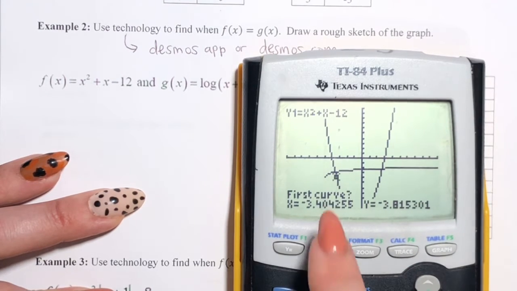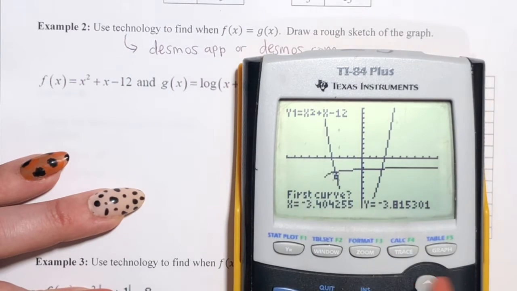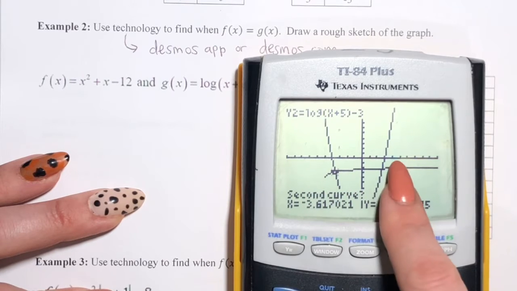But right now it says I'm on the first curve, which was that parabola. So you're trying to get as close as you can to where they're intersecting. So see how I can't get quite on top of that intersection? That's okay, just get as close as I can, which would be that point. Now you're on the second curve, which is this logarithm curve.